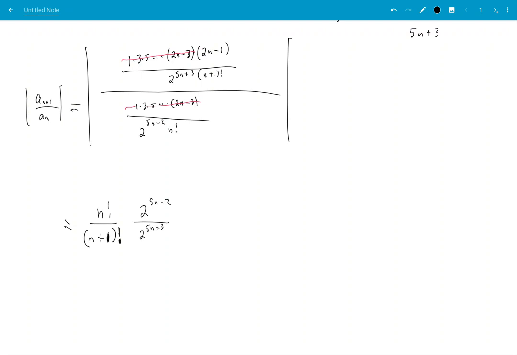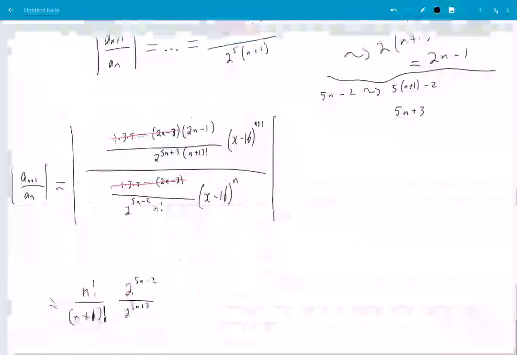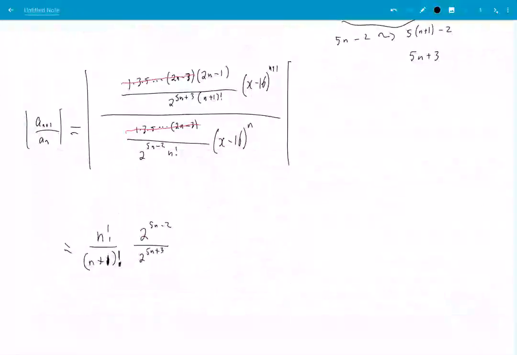I've completely forgotten my (x minus 16) to the n plus 1 and (x minus 16) to the n here. Sorry about that.